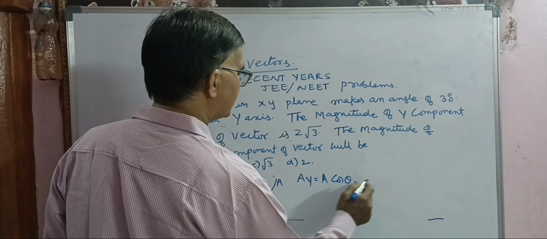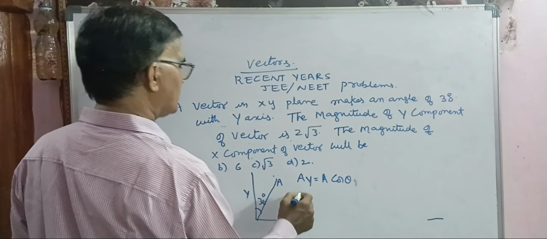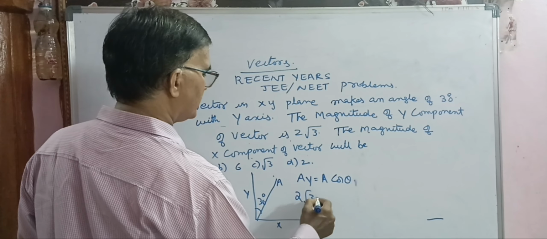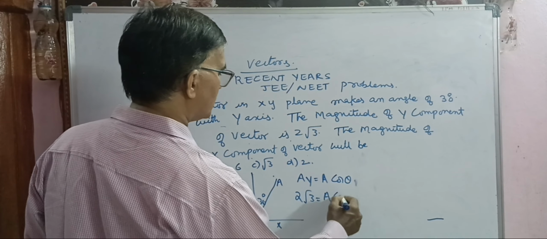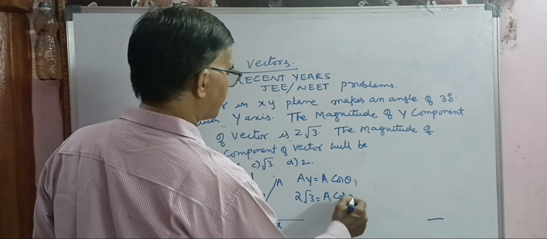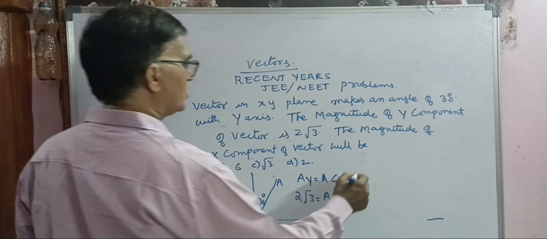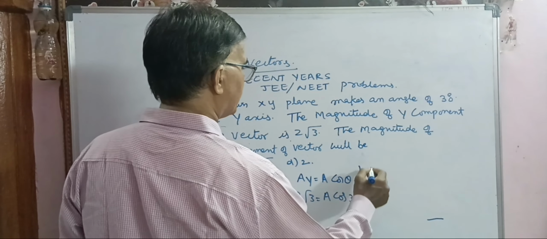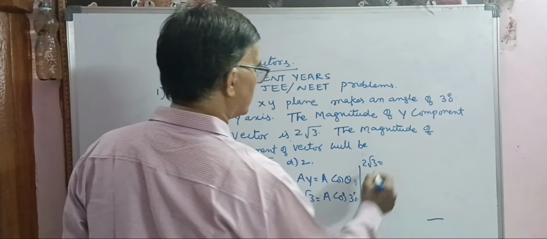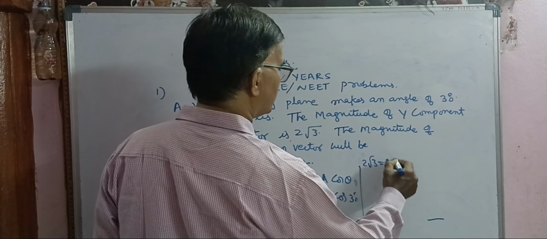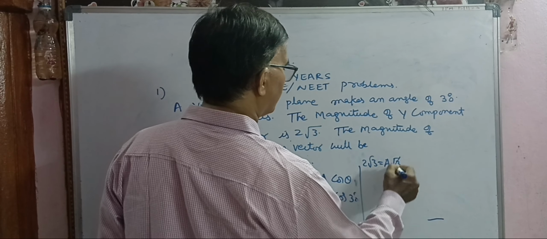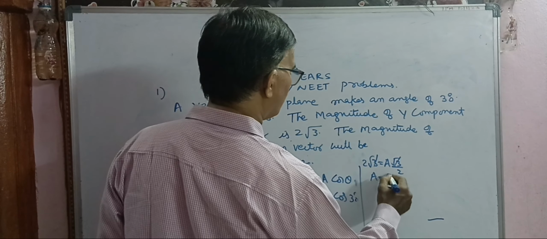So 2 root 3 is equal to A into cos 30. You know cos 30 value is root 3 by 2. Root 3 cancels, so A is equal to 4.